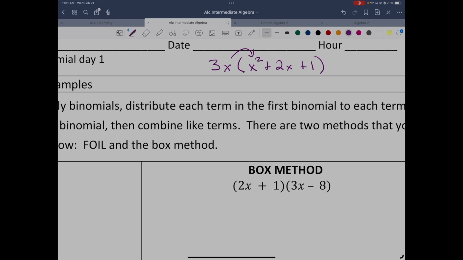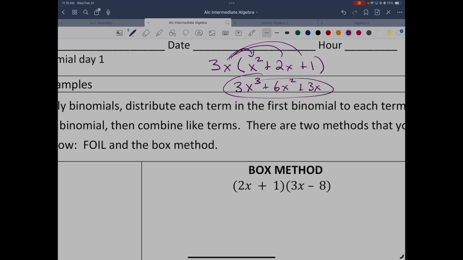So if I distribute it into the first one, 3x times x squared is 3x cubed. We distribute into the next one, 3 times 2 is 6. We've got 2 x's, so 6x squared, and then 3x times 1 is just 3x, and we were able to get a solution for that, and that was done.